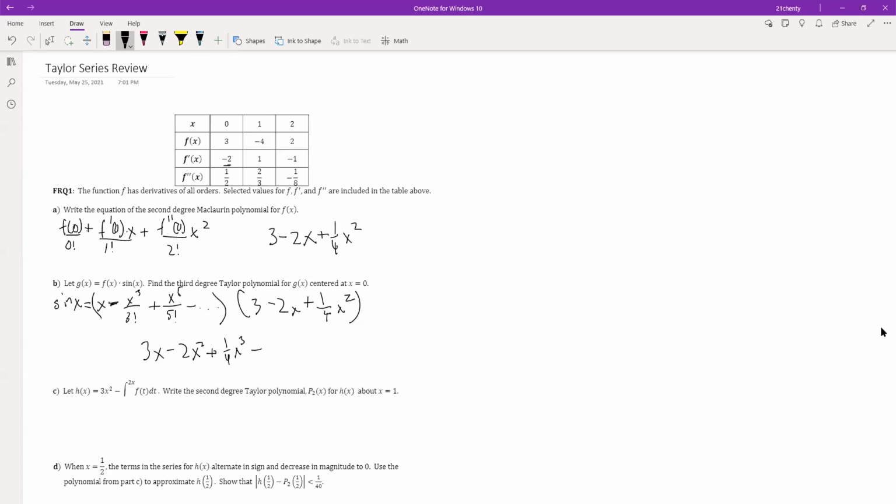Now subtracting x cubed over 3 factorial times 3 is 3x cubed over 3 factorial. Any other combinations will yield something that's higher than third degree. So this is all we have, and then simplifying this, 3 over 3 factorial is just 1 over 2 factorial, or 1 over 2, so x cubed over 2.